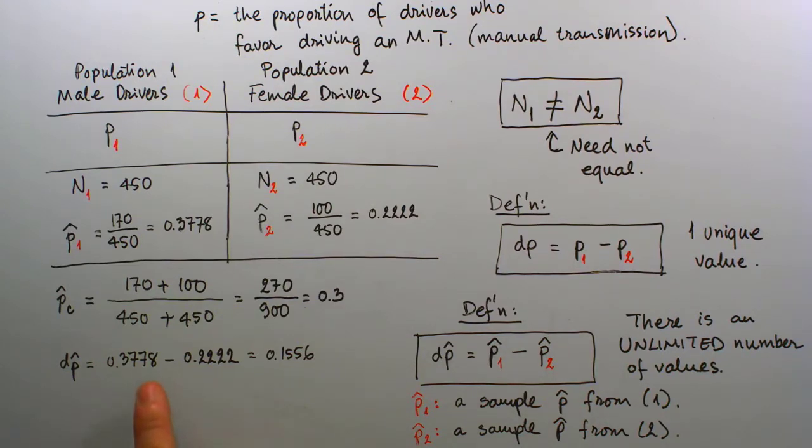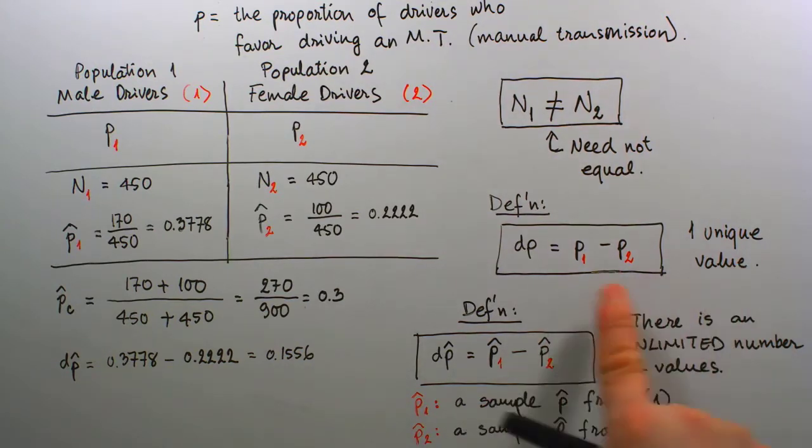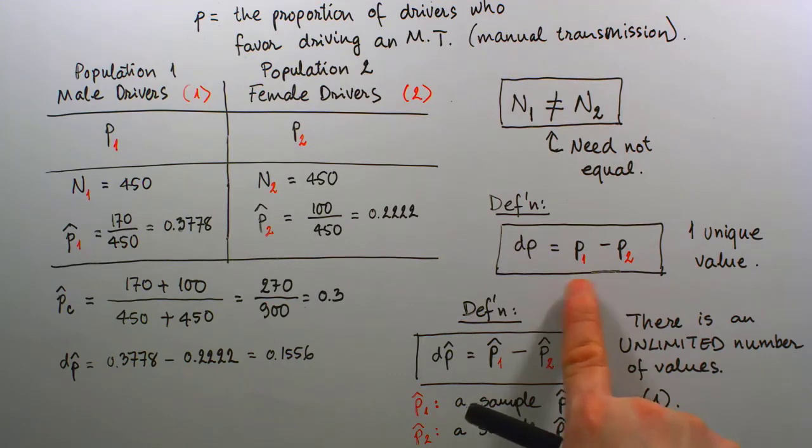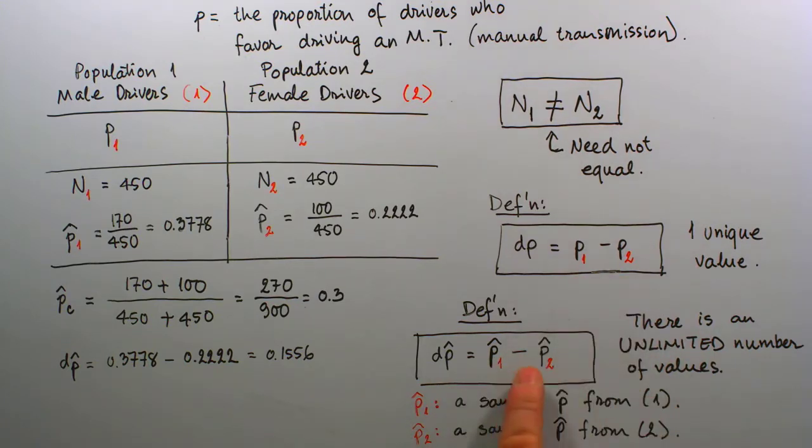So again, for any difference, either the difference in the two actual population proportion values, or the difference between any two samples, we always want the value from population 1 minus that similar value from population 2. And that's how earlier, when we were doing this calculation of the dp hats, we ended up with consequently a positive value.